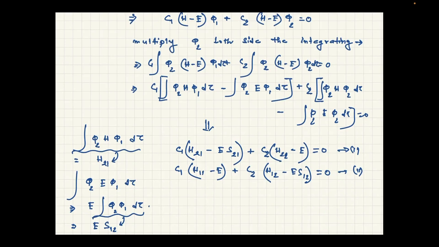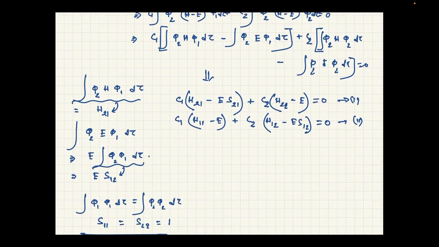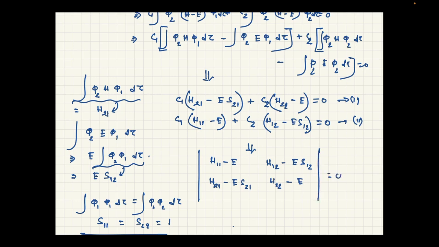Here you will get a matrix equation: h11 minus e, h12 minus es12, h21 minus es21, h22 minus e. This matrix equation you will get.